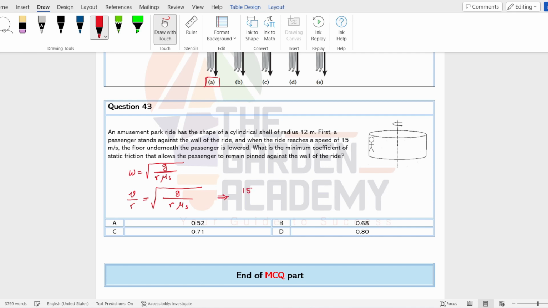It's equal to 15 divided by r, which is 12, equals the square root of 9.81 divided by 12 multiplied by mu s. Then here we just do shift solve, or you can do a simple mathematical rearrangement to make the coefficient of static friction the subject of the equation. So we get that mu s is equal to 0.52. So the answer is A. Choose A.